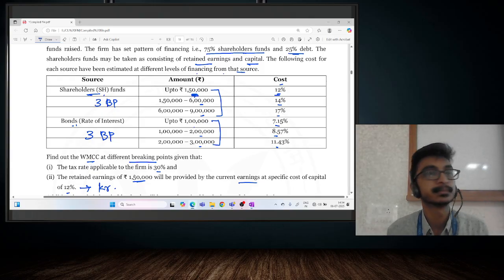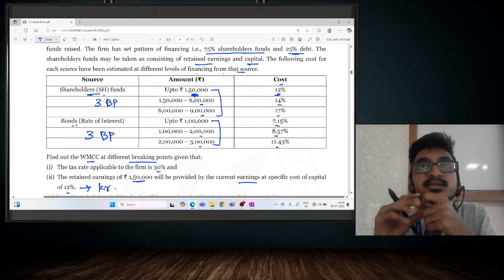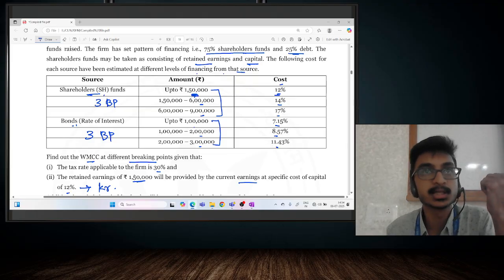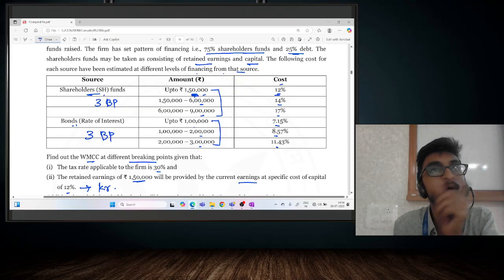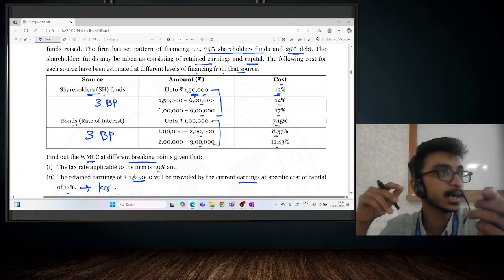So listen, in this question, up to 1,50,000 rupees, we can raise shareholders fund at 12%. But if you are going beyond 1,50,000 rupees, cost of equity is 14%. So I can say that 1,50,000 is one range where KE is changing. You're all getting the point.